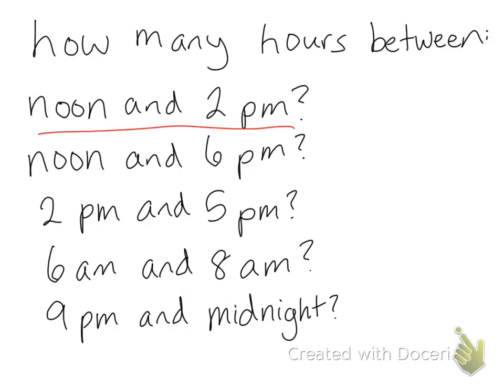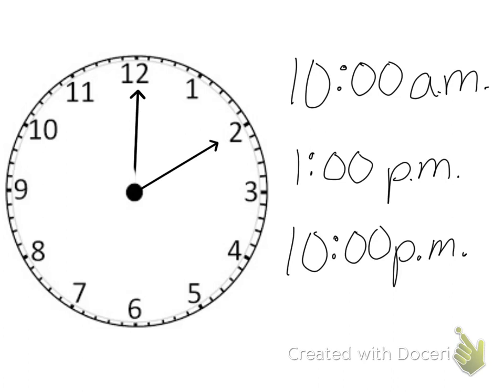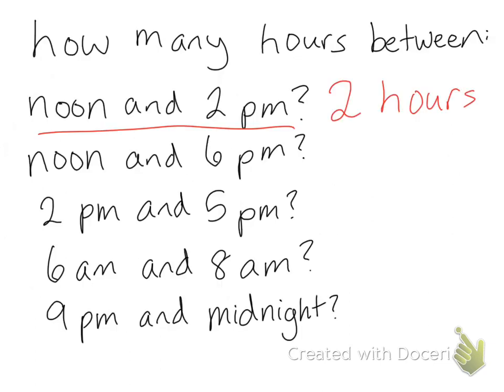So there's 2 hours in between noon and 2 p.m. How many hours are there between noon and 6 p.m.? So looking at our clock again, we start at noon and we go to 6. 1, 2, 3, 4, 5, 6. So there's 6 hours in between noon and 6 p.m. Do you see a pattern?